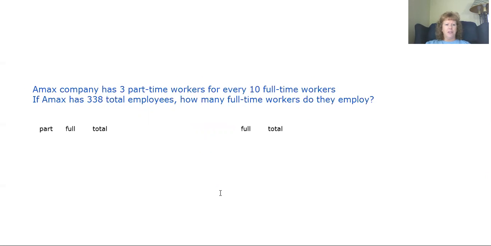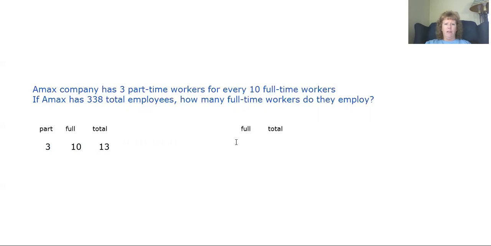Amex Company has 3 part-time workers for every 10 full-time workers. If Amex has 338 total employees, how many full-time workers do they employ? If you'll remember back in the previous video when we were just writing ratios, we saw that if you have 3 part-time workers and 10 full-time workers, that would give you a total of 13 workers.